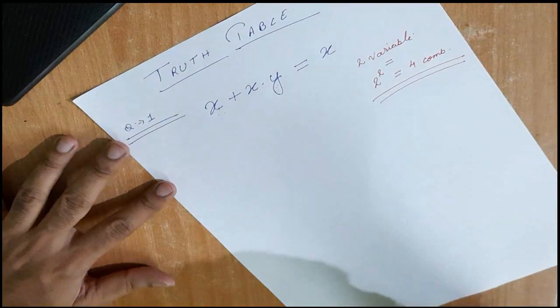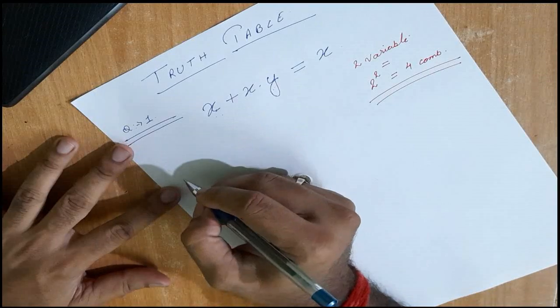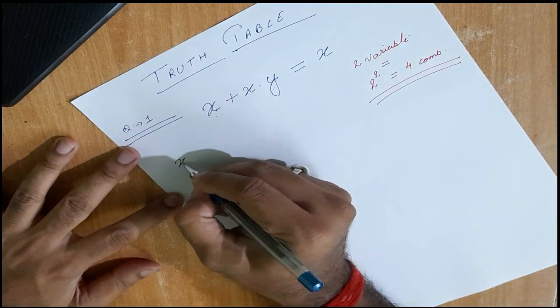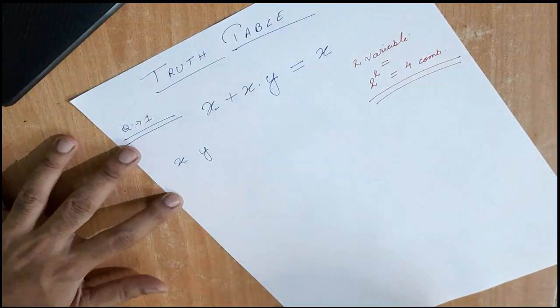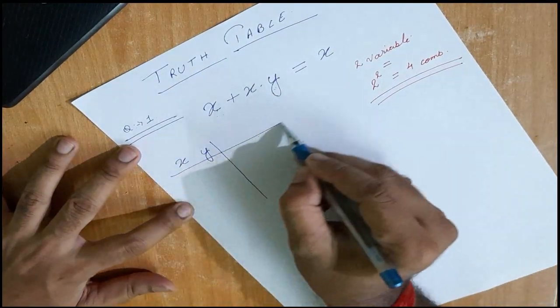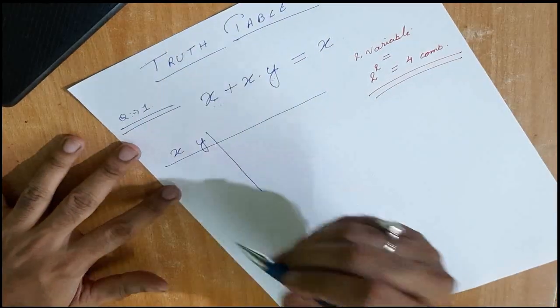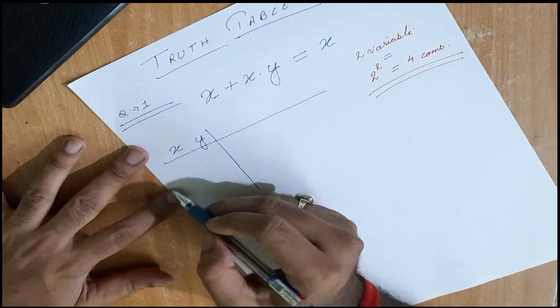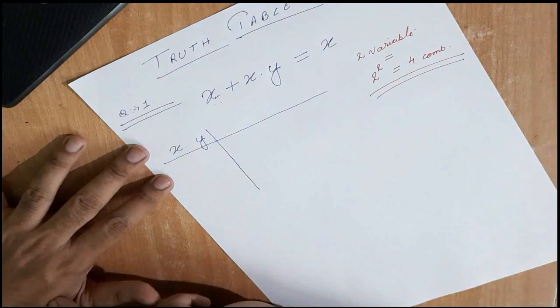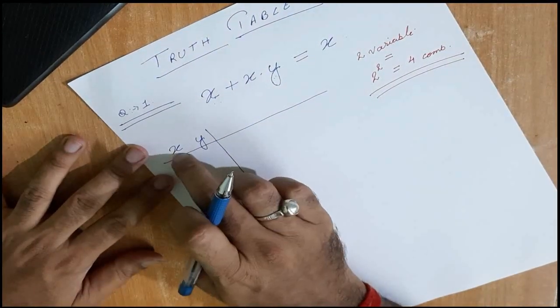So let's see how to prepare the table. First, I'll write down x and y. For x, I'll have 4 combinations. So the first one will be divided by 2.